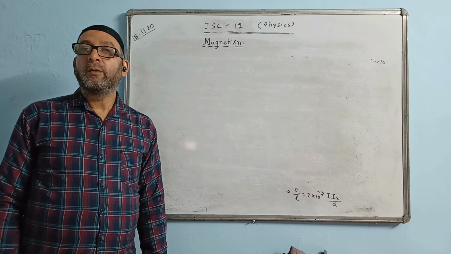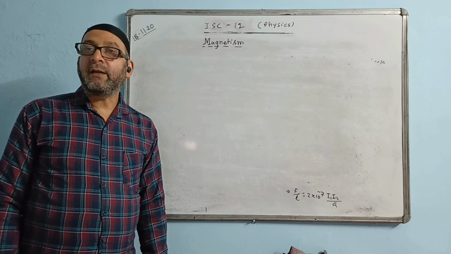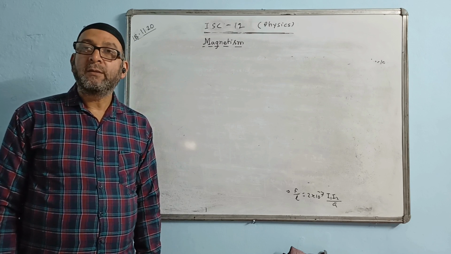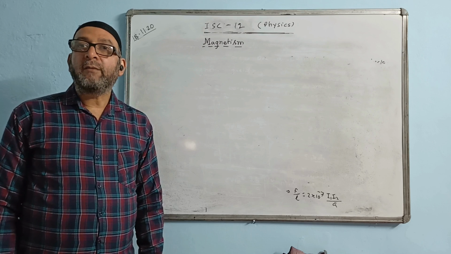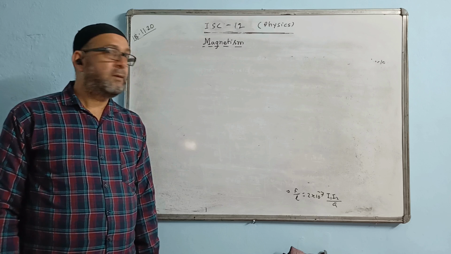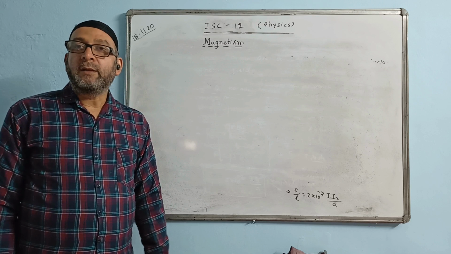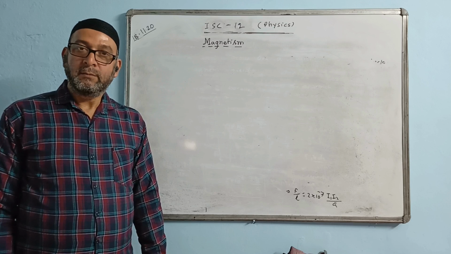Law number two: when two parallel wires carry current in the opposite direction, they repel each other.